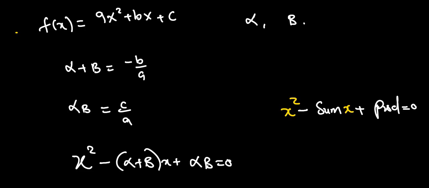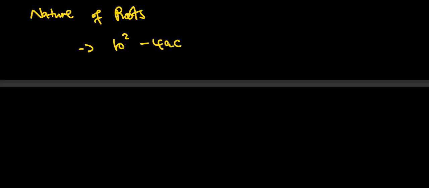Another thing is that before you solve a quadratic equation, you can tell the nature of its roots using the discriminant test. If b squared minus 4ac gives you 0, you expect to get 1 real root.